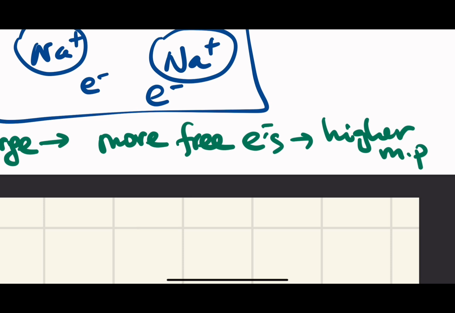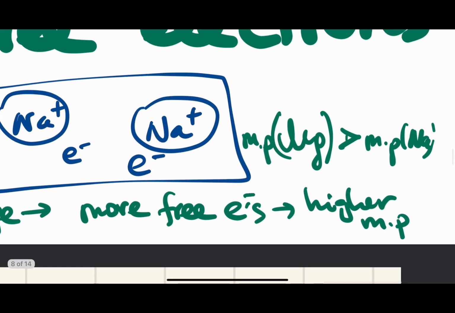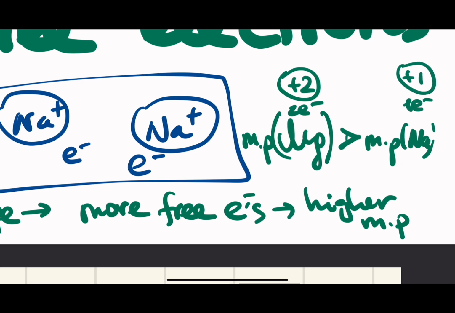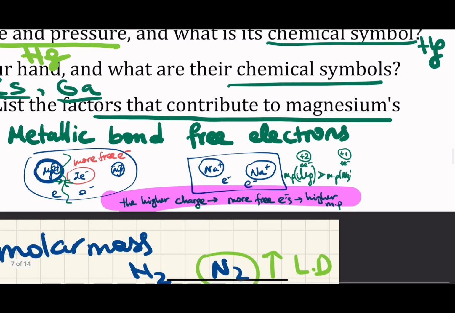That's why the melting point of magnesium will be higher than the melting point of sodium, because the charge of magnesium is +2, there would be 2 electrons, and sodium is +1, and there would be just 1 electron moving around. So those are the answers in here, guys.